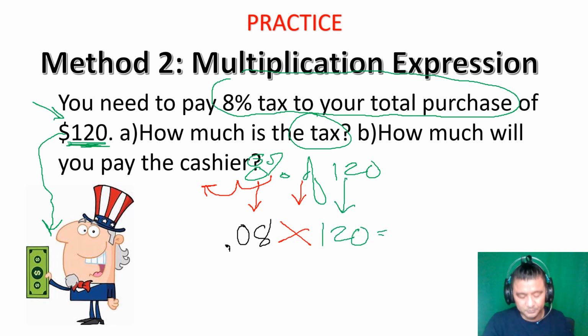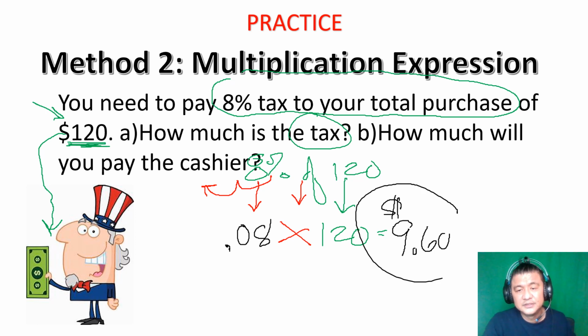Okay, so if you multiply 0.08 times 120, you will get 9.6. What is 9.6? 9.6 is actually money, $9.60. This will be the tax. Okay? What? Am I supposed to pay 960 instead of 120?